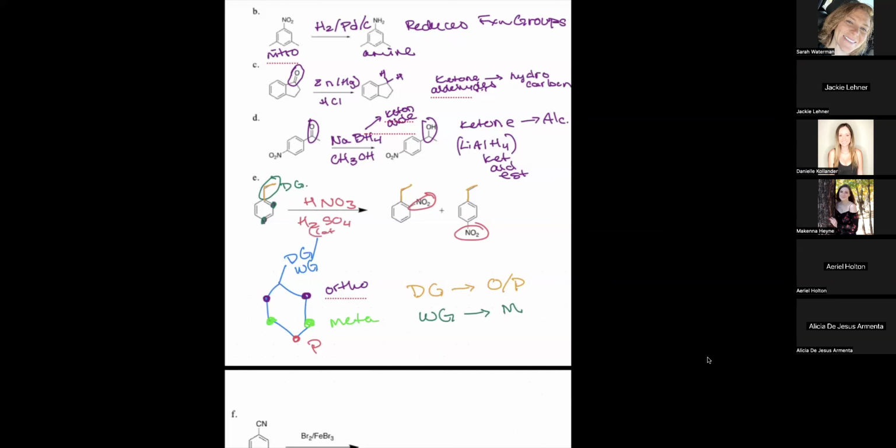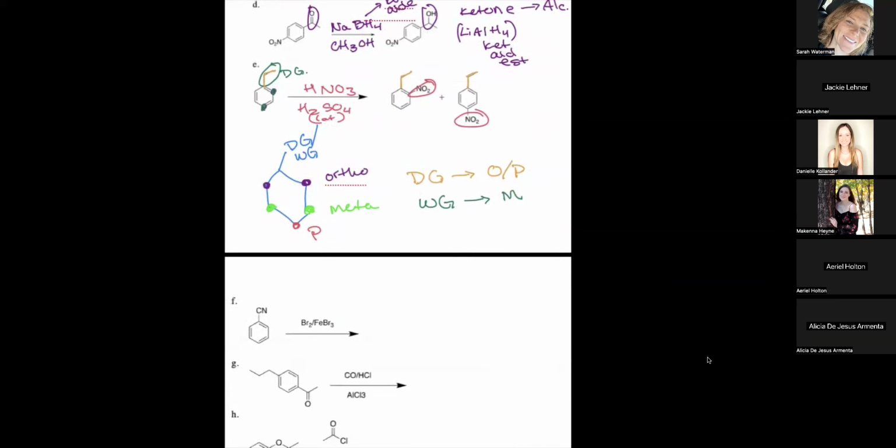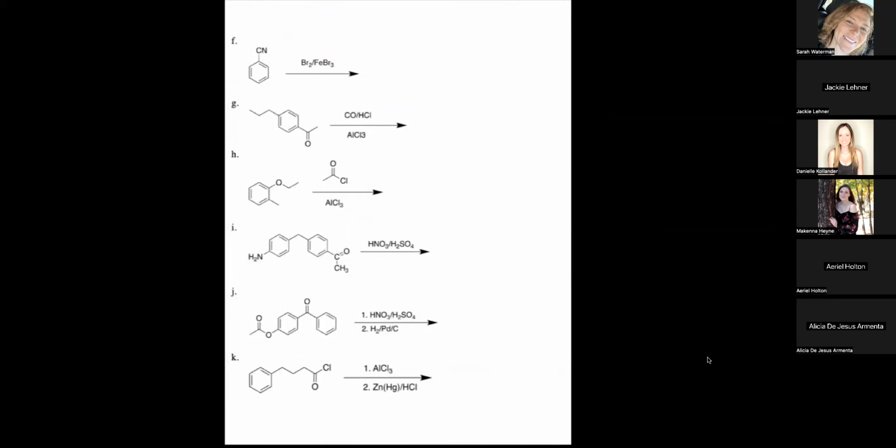These are catalysts, right? It's not really a part of the reaction, it's just helping to move things along. Okay. All right, there's more.